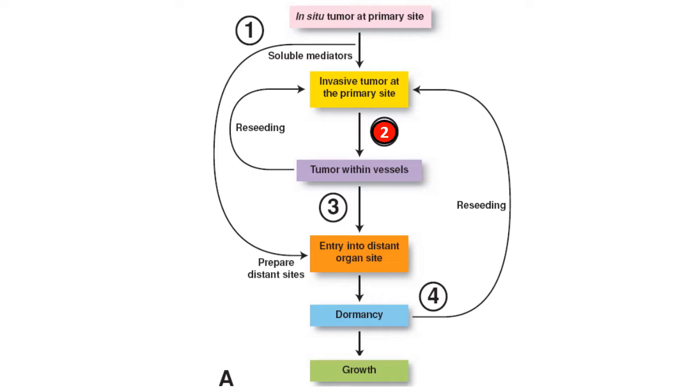After survival in the blood vessels or lymphatics, the tumor now exists in the vascular lumen, and it establishes micrometastasis at the distant site. So it may remain dormant or reseeding can occur, and following dormancy there is a growth phase for these tumor cells.